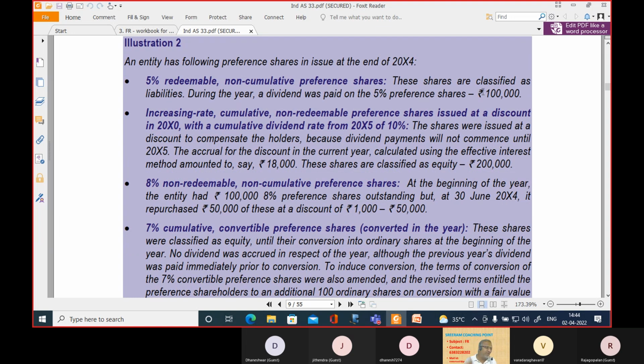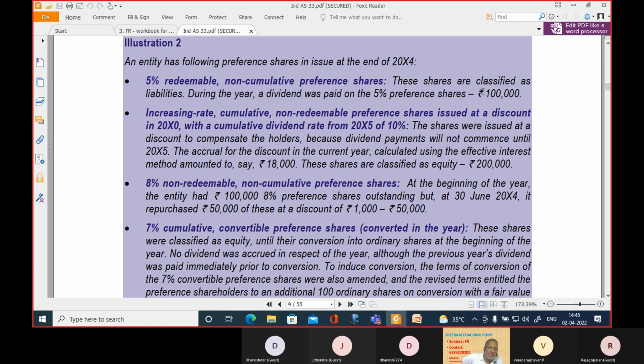Remember, unless otherwise stated, we should understand that net profit is after deducting all interest. So when you find a dividend was already paid, they would have adjusted it in the P&L account. So once again, ₹1 lakh you should not be deducting. That is the point we want to make.